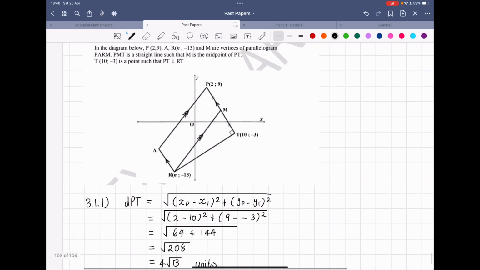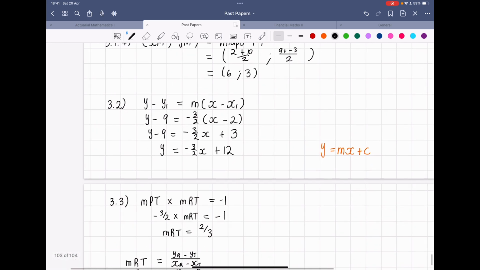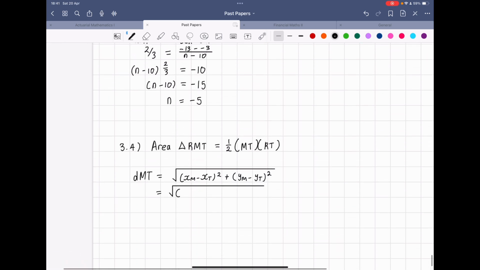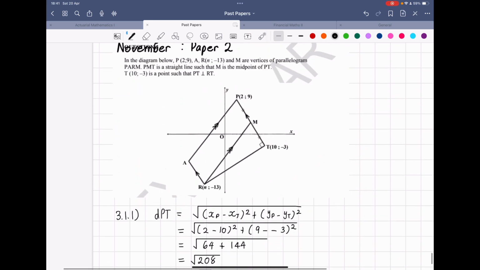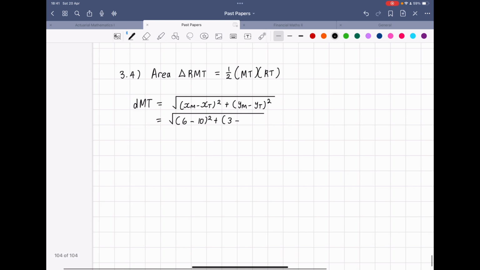And in the diagram, we were told that T is the point (10, -3). So the x-coordinate of M was 6, and the x-coordinate of T is 10. And the y-coordinate of M was 3, and the y-coordinate of T is minus 3. So in the first bracket, we have minus 4 squared, which is 16. And in the second bracket, we have 9 squared, which is 81.